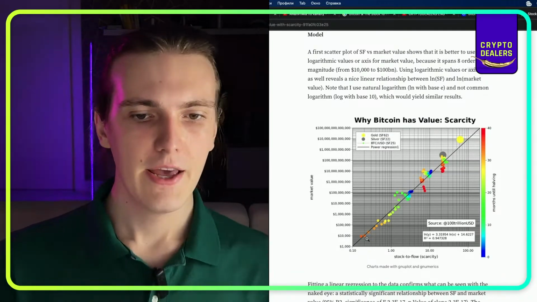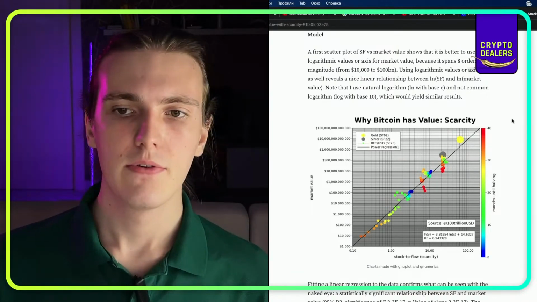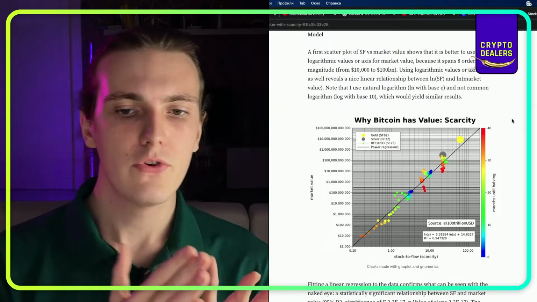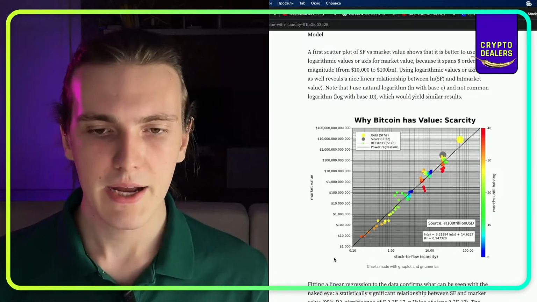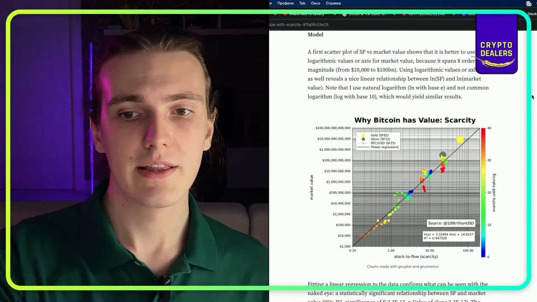So what he did is, this is the exponent, basically the line that is kind of dictating. So if you take SF as a theory and you put it on a graph, it would look like this black line.